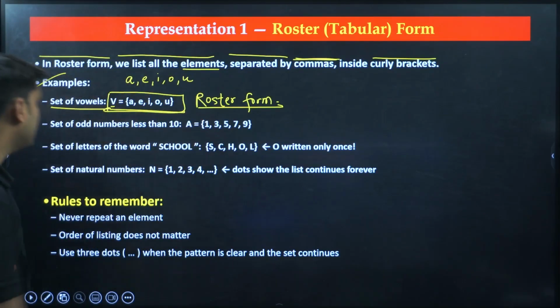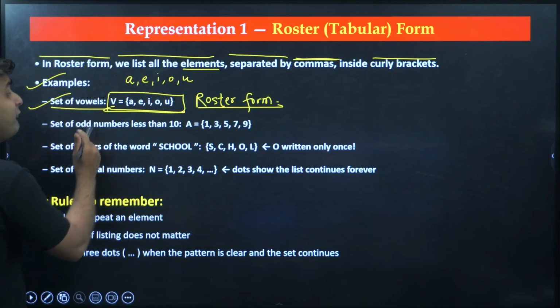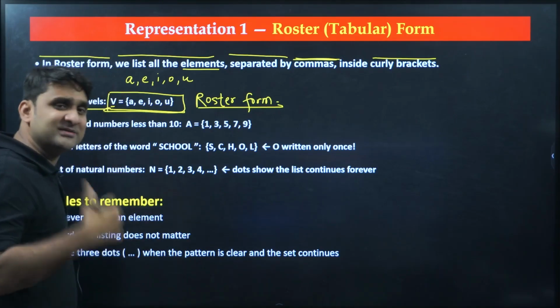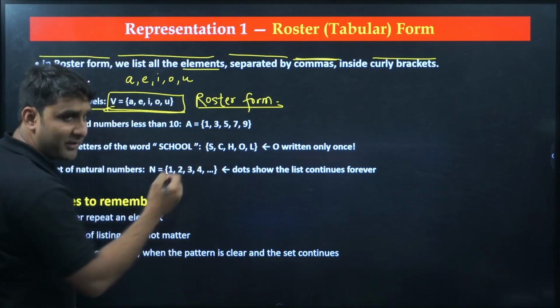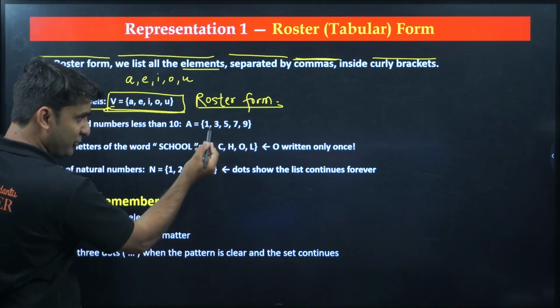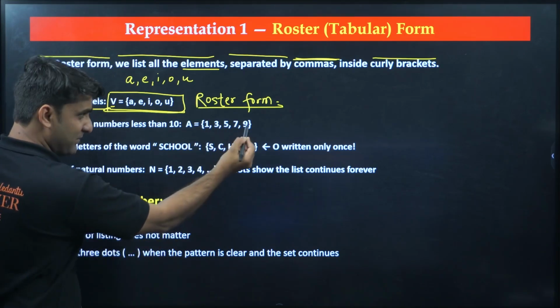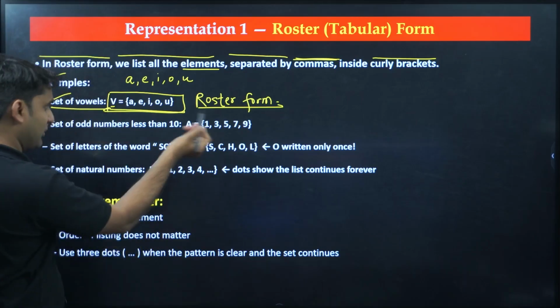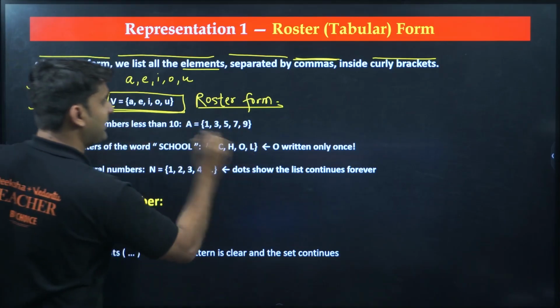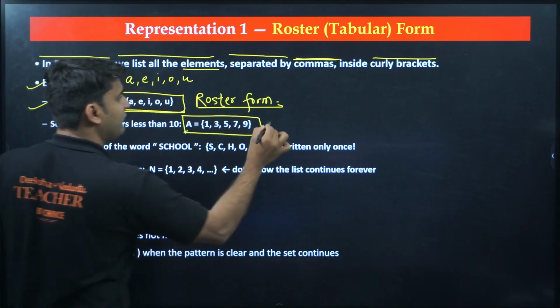Roster form is clear. Next we have one more example, the set of odd numbers less than 10. So all the odd numbers less than 10: 1 is also an odd number, 1, 3, 5, 7, 9, with commas between the numbers. The set of odd numbers is represented as capital A, the name of the set, in curly brackets. Which form, champions?